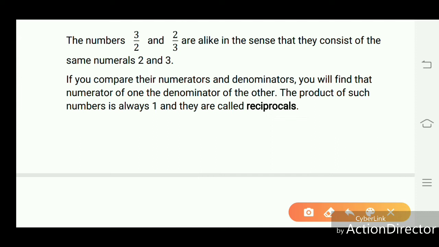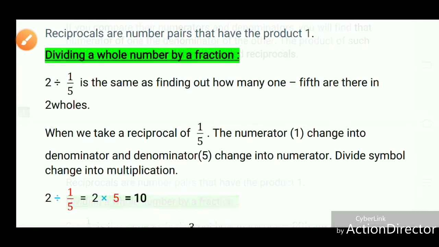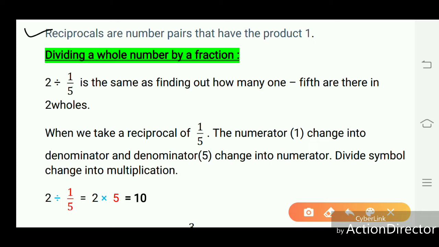And in the first number 2 is the denominator and in the second number 2 is the numerator. The product of such numbers is always 1 and they are called reciprocals. Reciprocals are number pairs that have the product 1.